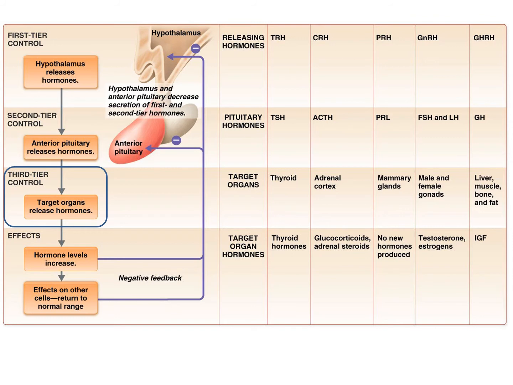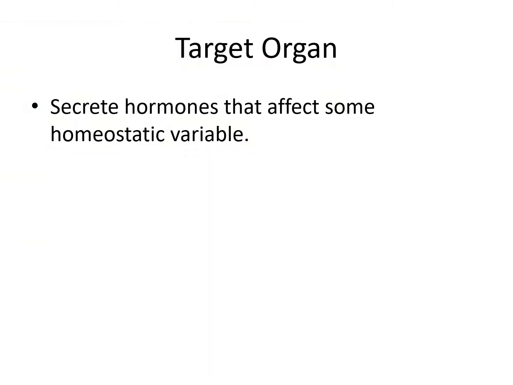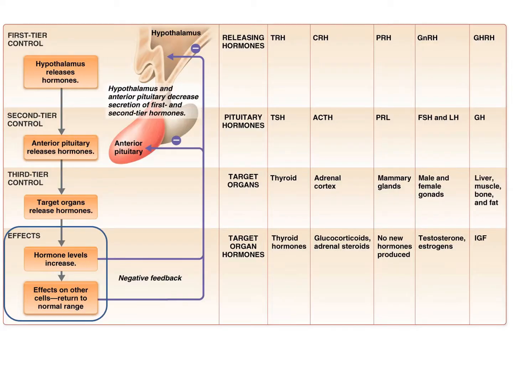Okay, so the third tier control are the hormones that secrete hormones to the target organs. Finally, we have the target organ that affects some homeostatic variable. Okay, and then these may have negative feedback mechanisms back to the anterior pituitary as well as the hypothalamus.